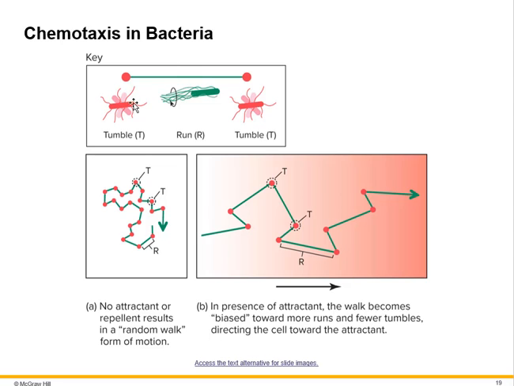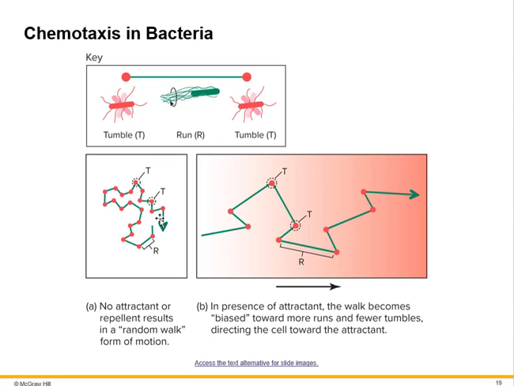When they are working together and they're all moving in this counterclockwise direction, then it's a run. And when it's going in the clockwise direction, it's a tumble, but that's more of just kind of stopping the flagella. And so here you can see the stopping points are in red, that's a tumble.